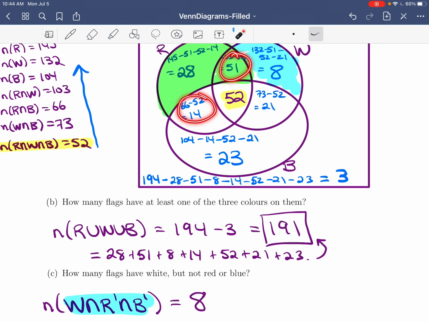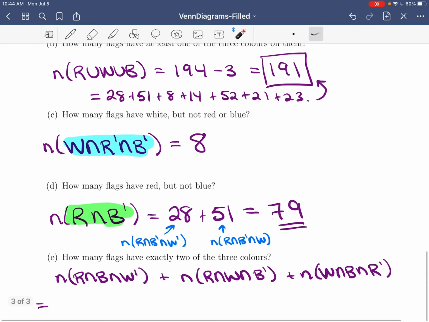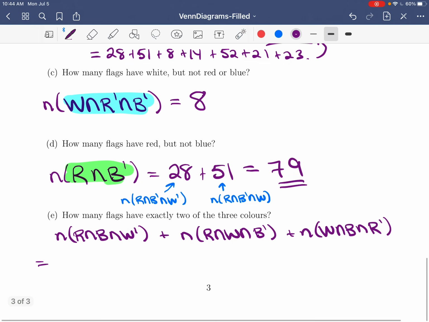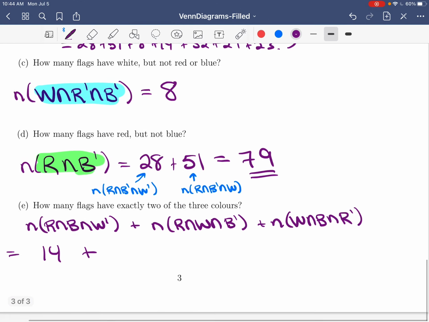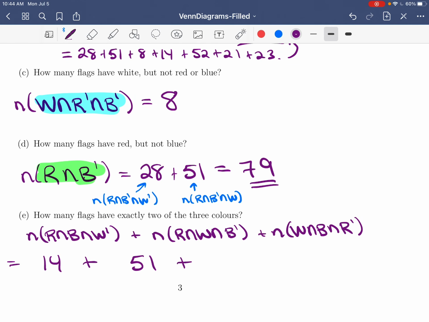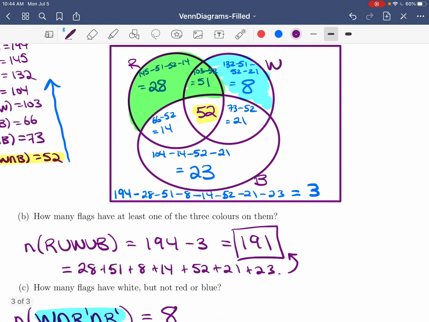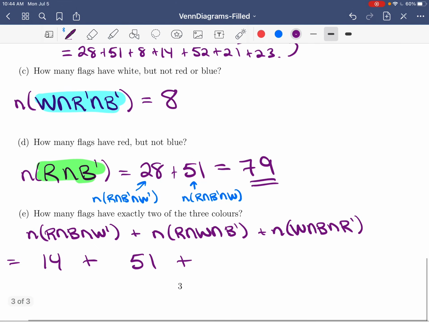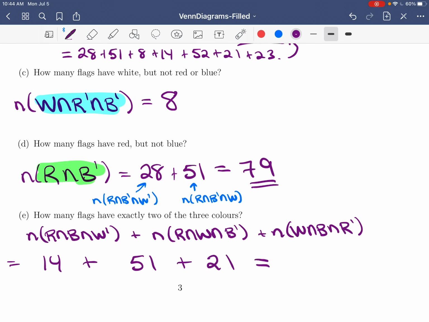So they have exactly 2 of the colors, means they're in exactly 2 of the circles. Okay, so red and blue and not white, that one is the 14. Red and white and not blue, that one is the 51. And white and blue, but not red, is the 21. And if you add those together, you get 86 in total.